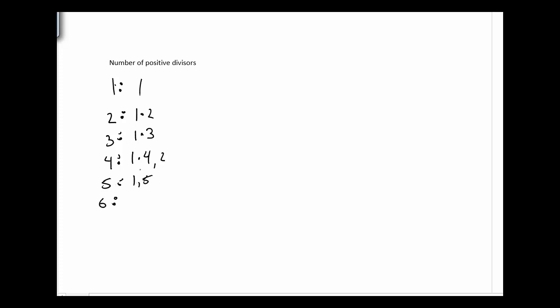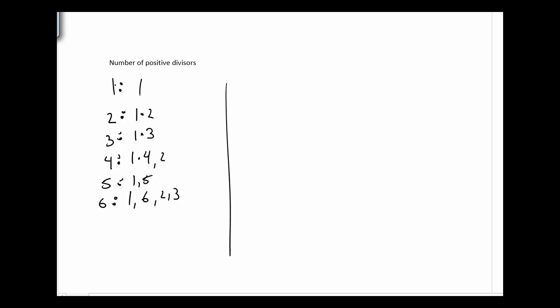So if we make this list, let me get 6 real quick. 1 and 6, 2 times 3. If we make this list, and we could go out as far as we wanted to go, we generate this list of numbers and who's got so many factors.